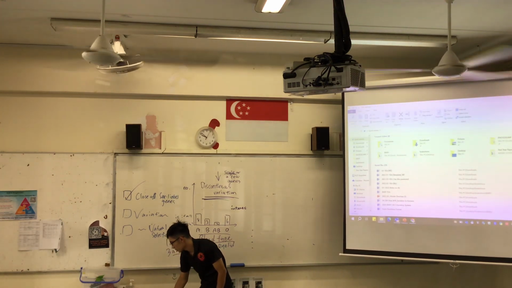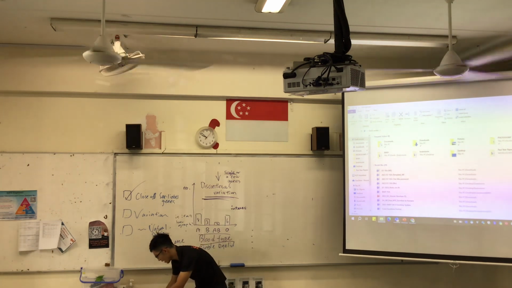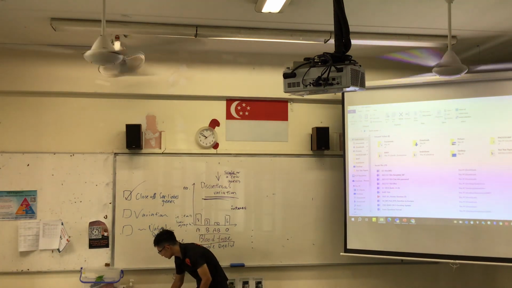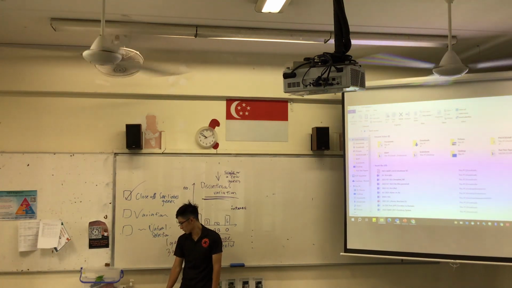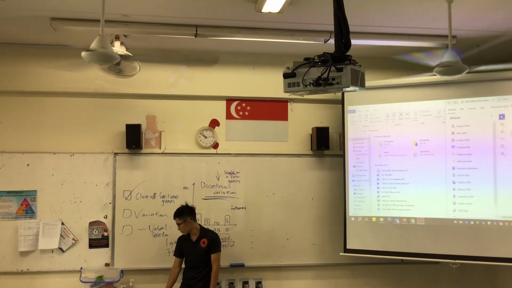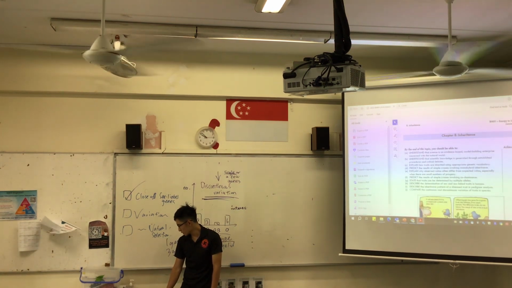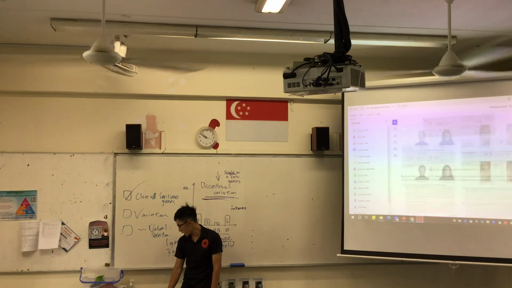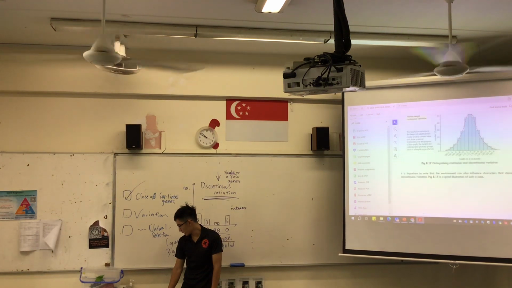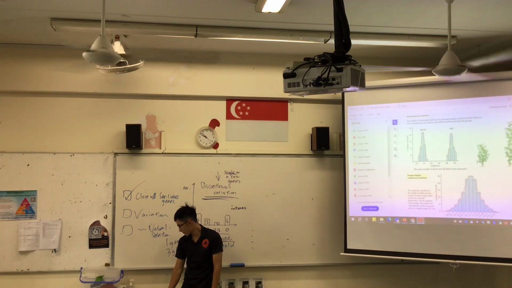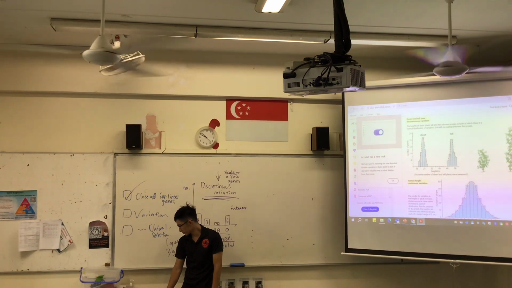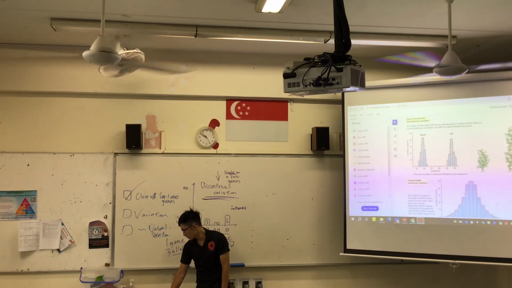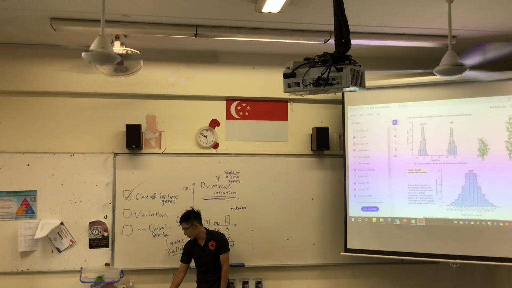Okay. What's the notes called? Inheritance. If you scroll down to your notes, somewhere at the very end, you'll find something like that. Here, we find a curve.